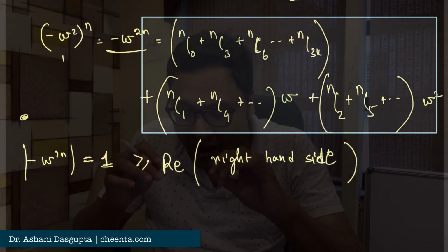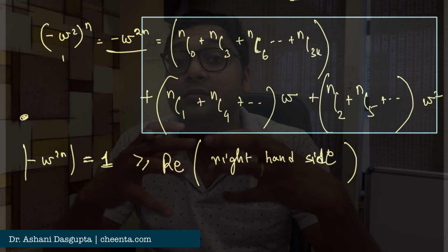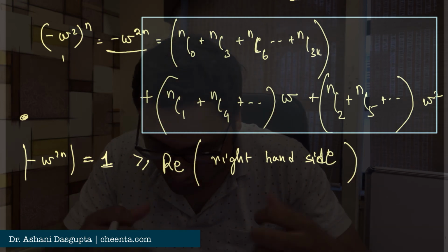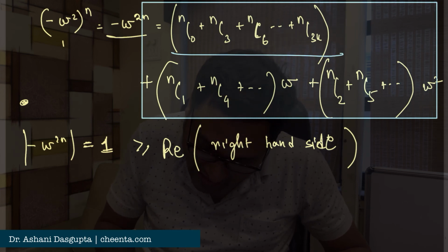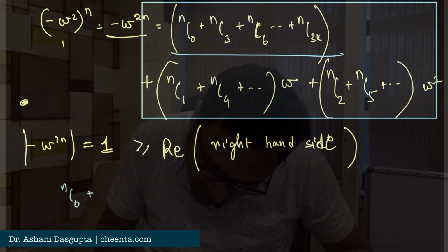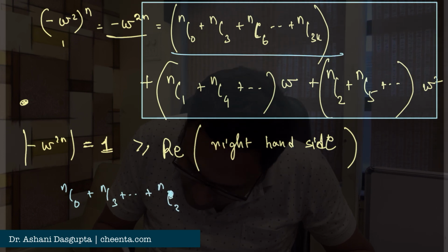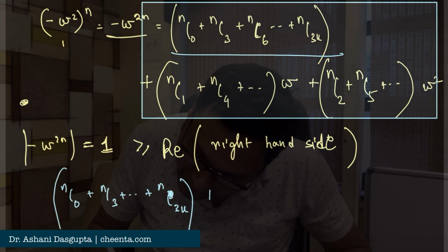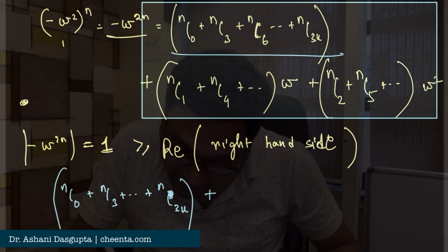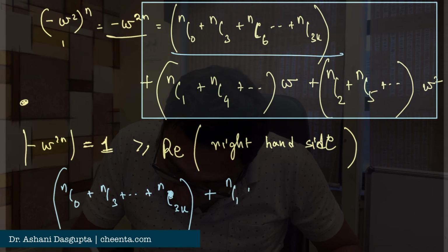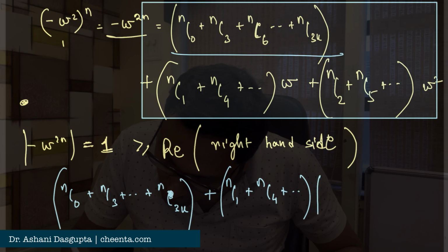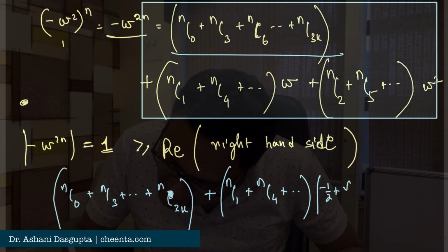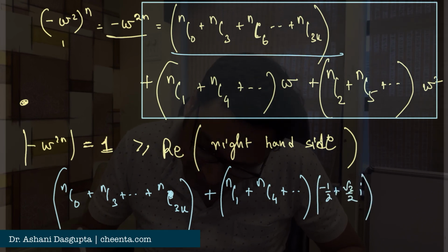So I will calculate the real part of this particular quantity. First I have n choose 0, n choose 3, up to n choose 3k. Then I have n choose 1, n choose 4, times negative half plus square root of 3 by 2 i.